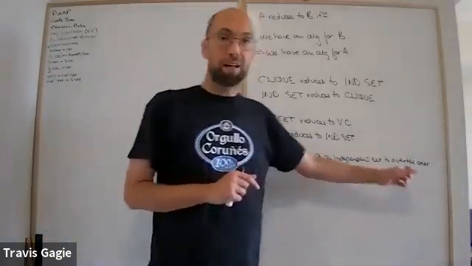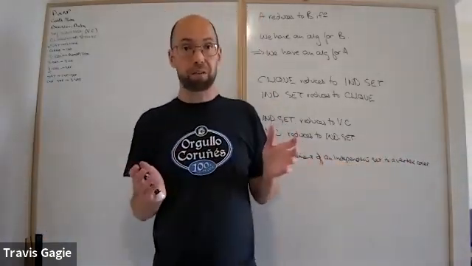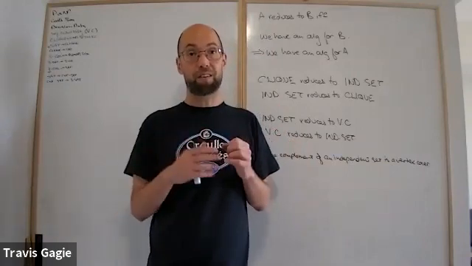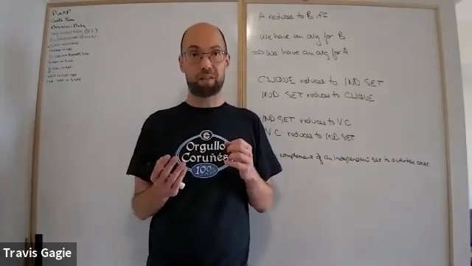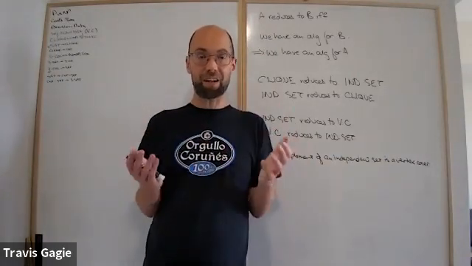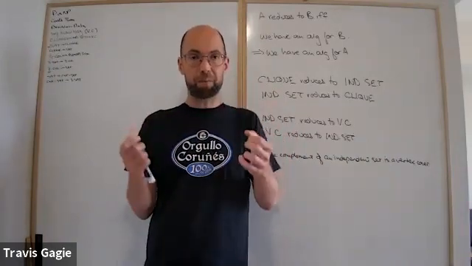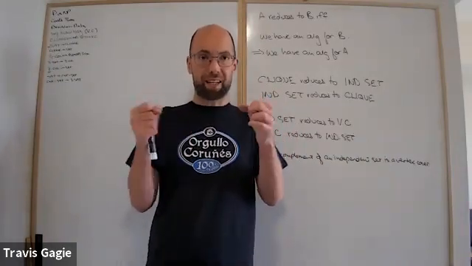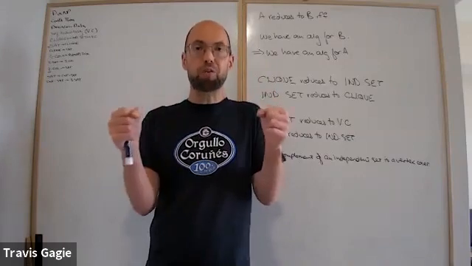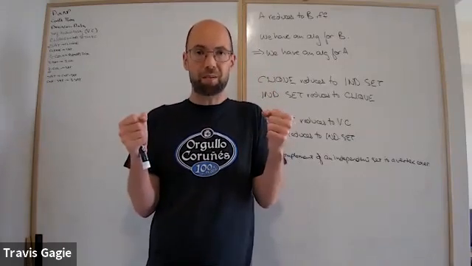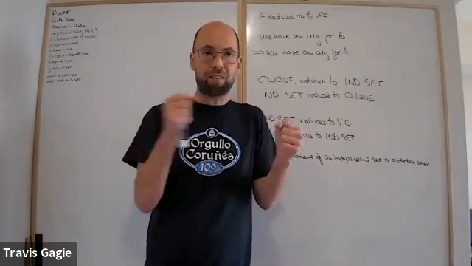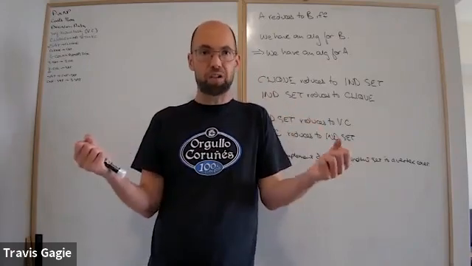Similarly, if you take a vertex cover and look at all of the things which are not in the vertex cover, there cannot be an edge between two vertices in the complement of the vertex cover, because otherwise that edge is not covered.